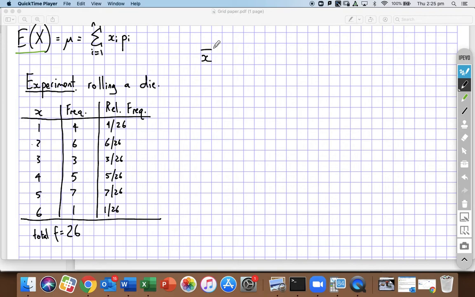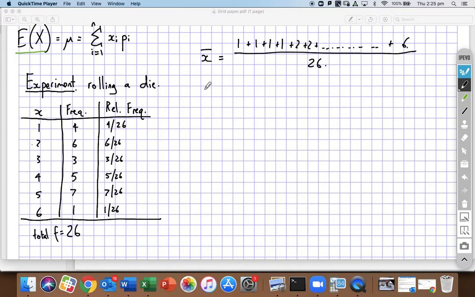This is experimental mean or sample mean, so I'm going to use this symbol. Well, I'd have to add up all 26 of the results. 1 plus 1 plus 1, there were 4 of those, there were 6 2s plus 2, and so on, and so on, until I got up to the last value, which would be a 6, and then I divide it all by 26.